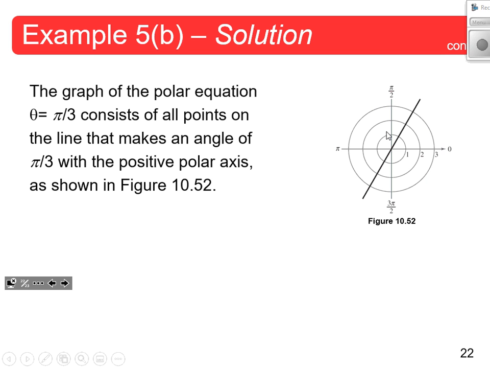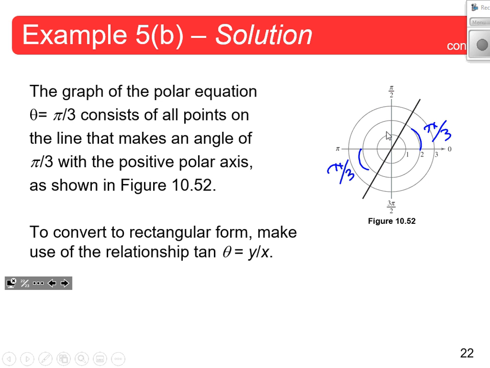So this here is the second one, the graph where theta is equal to pi over 3. We just have that straight line. It consists of all points on the line that makes an angle of pi over 3 with the positive polar x-axis. So pi over 3 here, and this is really pi over 3 with a reference angle to the x-axis.